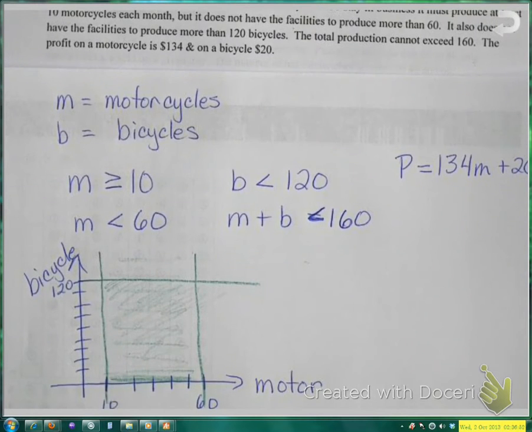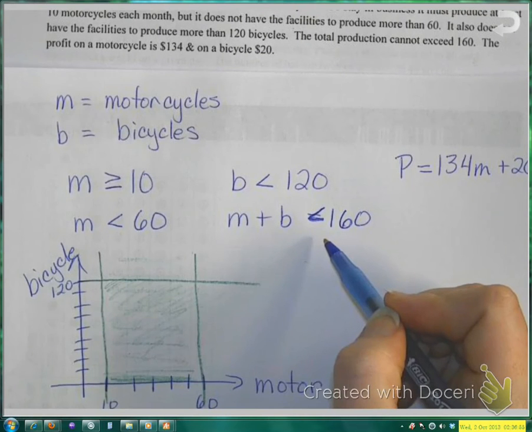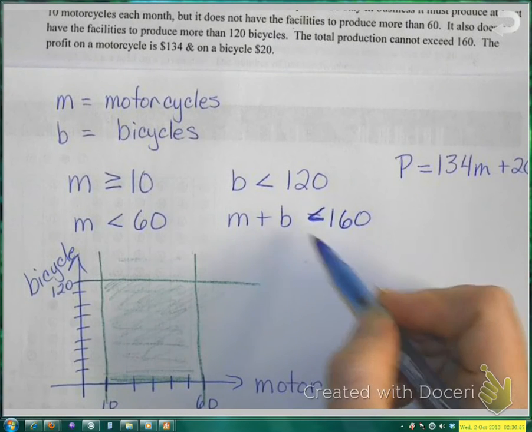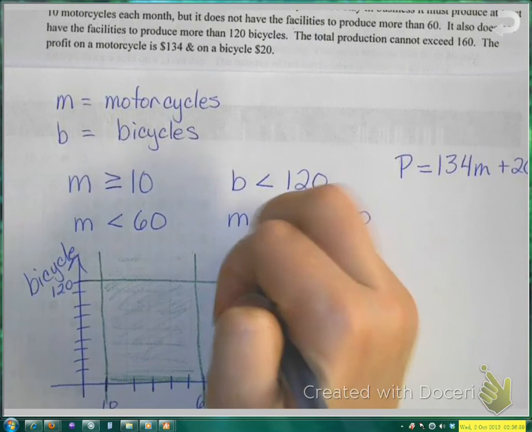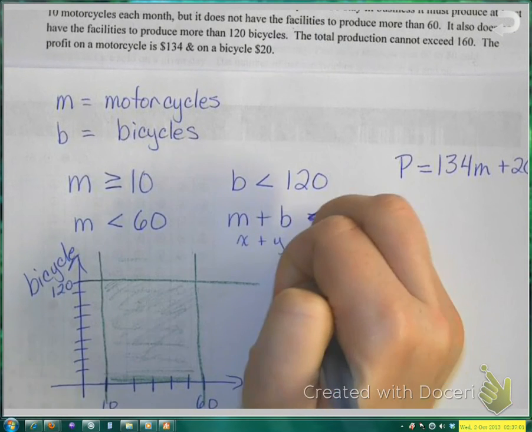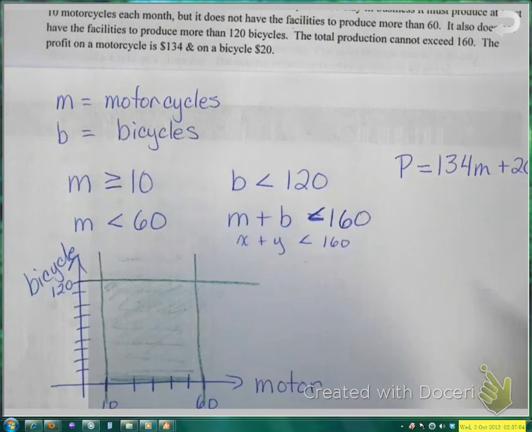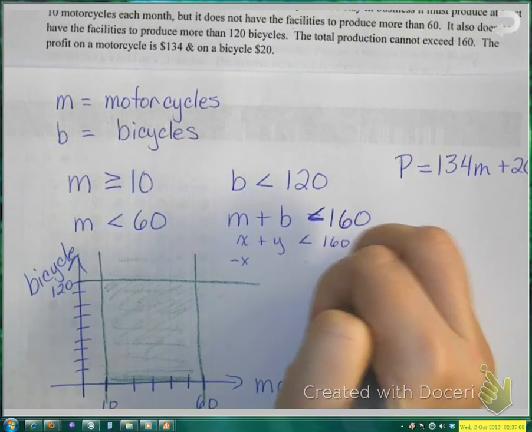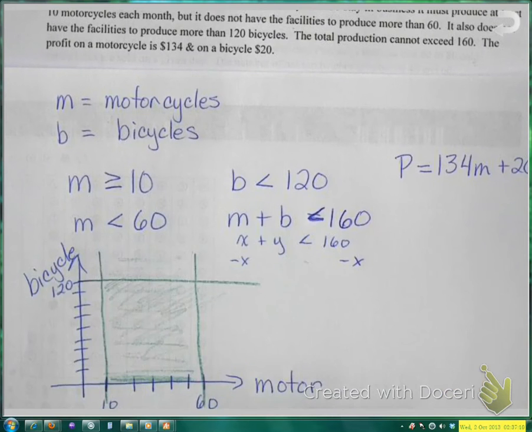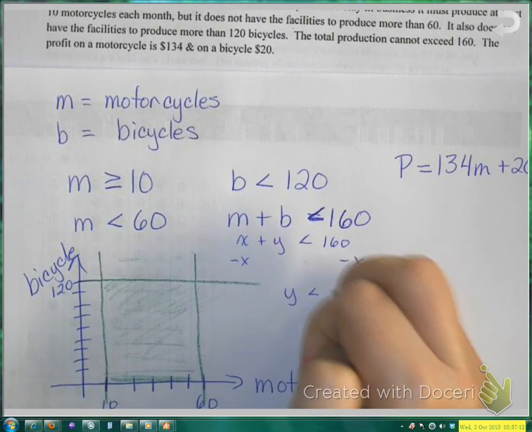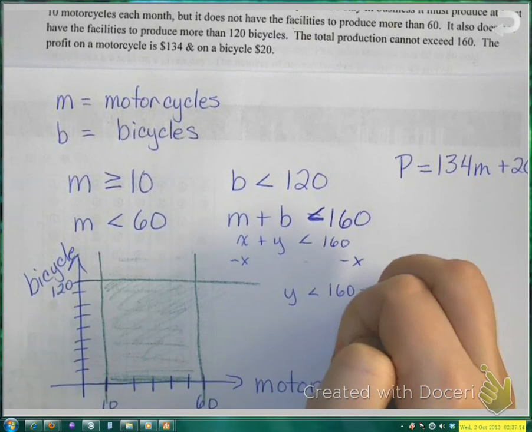Okay? My last equation, the trick is how to put that on the graph. Well, B is my y. So if I put this as y plus x less than 160, and we were to solve that for y, what would we do? We would subtract the x. So I would have y less than 160 minus x.